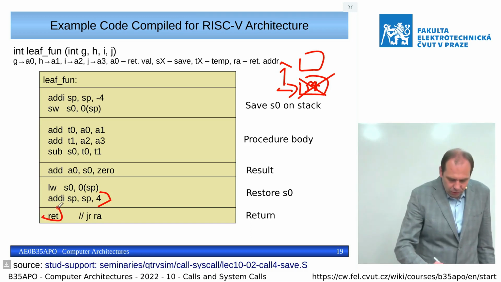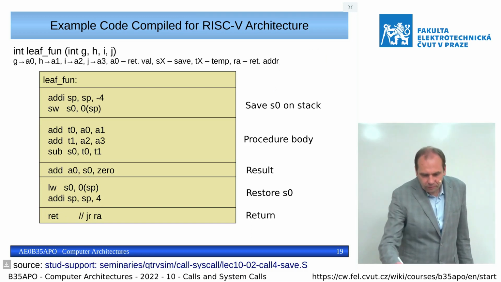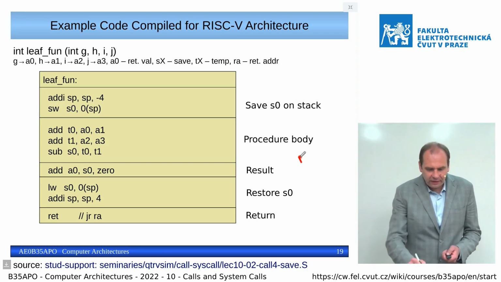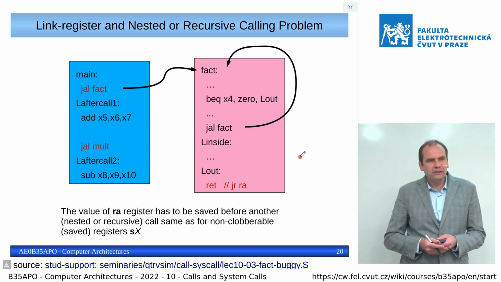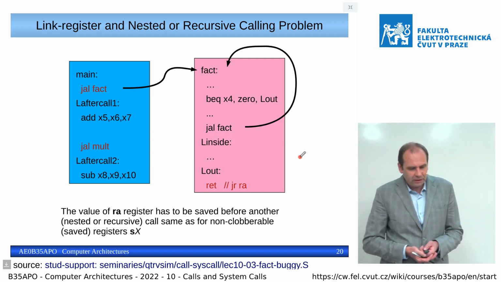And we return from our subroutine. And this way we can implement the nested calling of subroutines so that we do not overwrite non-clobberable registers.